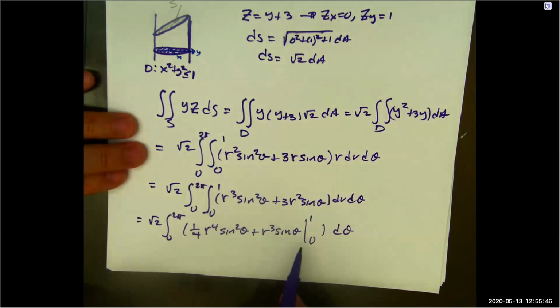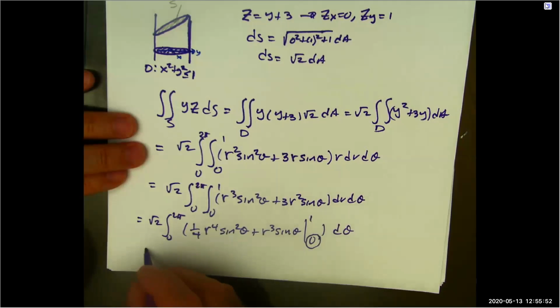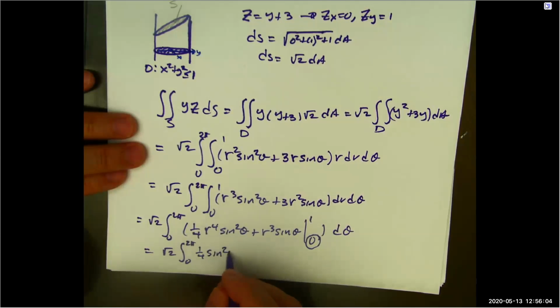And so at 0, when r is 0, both of these guys are 0. So that's going to give me a 0 there. And at 1, we're just going to end up with root 2, 0 to 2 pi of 1/4 sine squared plus sine theta.